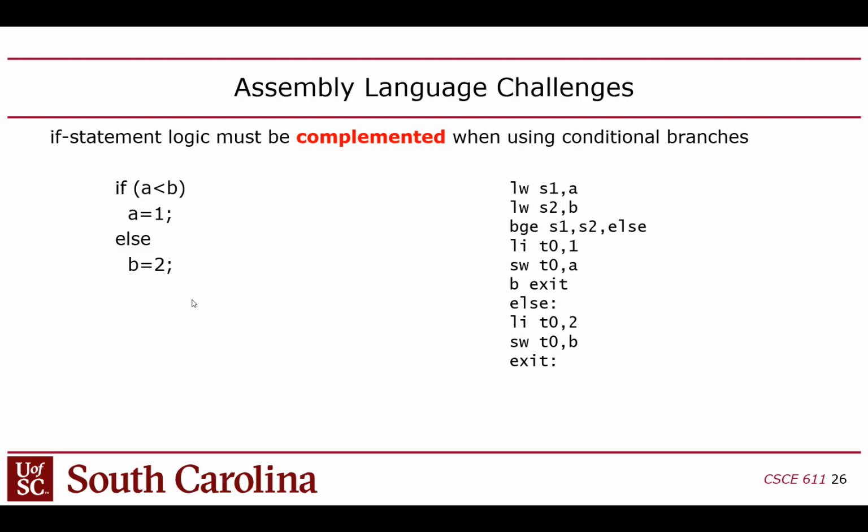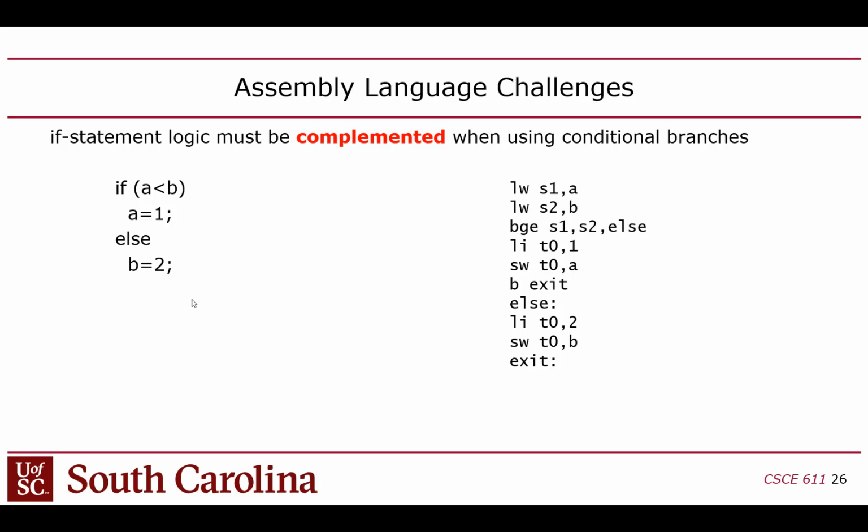Which means that if you want to structure the assembly code in a way that matches the order of an if, then, else statement, you have to logically negate the condition, meaning that you test the opposite of what you would be testing in the if statement in your high-level code. Because if that condition is false, meaning the high-level condition is true, then you go to the then part, which appears after the branch and after the if statement in the code, right? So you have to think about this. You have to say if A is less than B, oh, no.